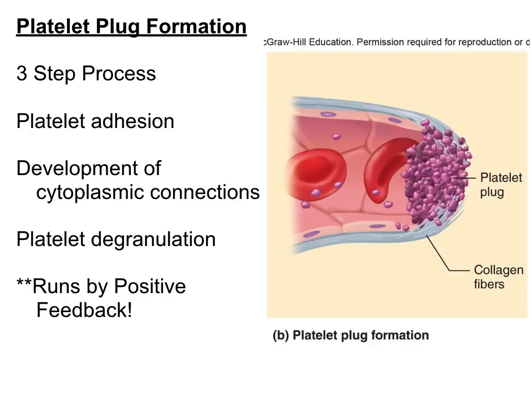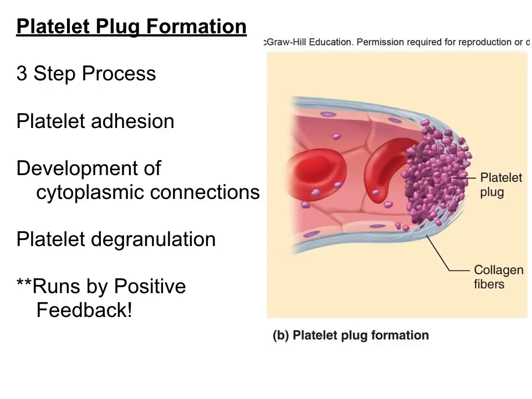Then all of these platelets undergo degranulation to release their granules, clotting factors, and so forth, including that ADP. Now the ADP in that area causes more platelets to adhere. Those new platelets establish cytoplasmic connections with the other platelets in the plug and the vessel wall. This makes your platelet plug a little bit bigger.